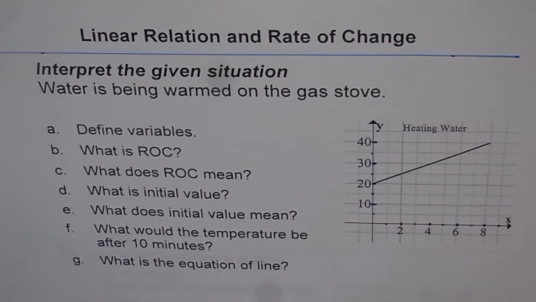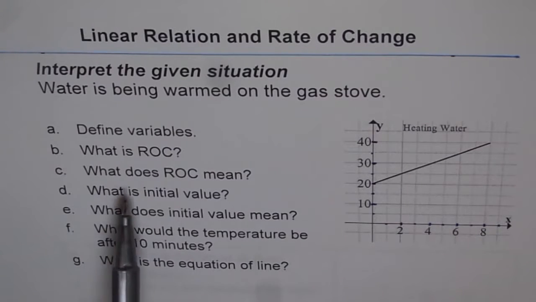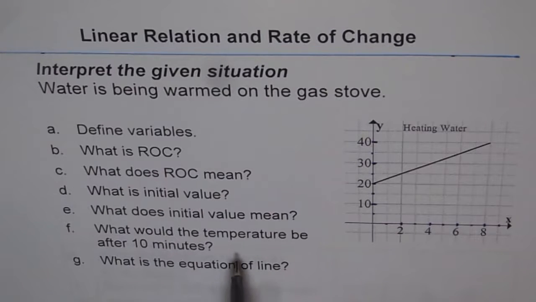So now let's go through the questions. So once you study the graph, define variables and then calculate what is the rate of change and what does rate of change mean with reference to your story. What is the initial value and what does initial value mean? What would the temperature be after 10 minutes?